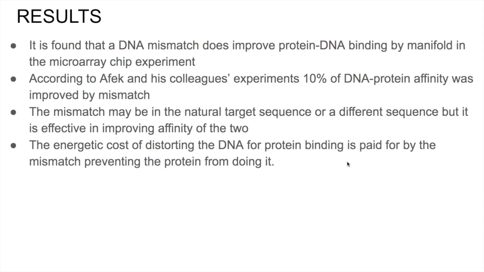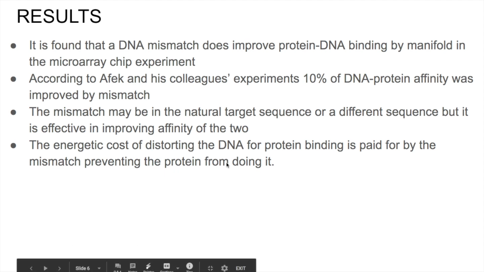And as I spoke about before, the energetic cost of distorting the DNA for protein binding is paid for by the mismatch, which means the protein no longer has to do any work to bind to its complementary DNA molecule.